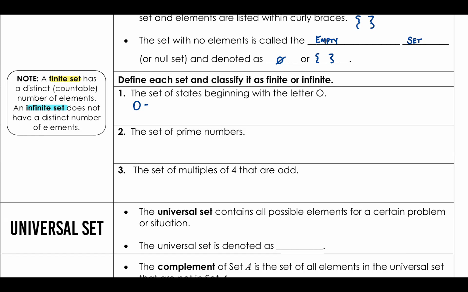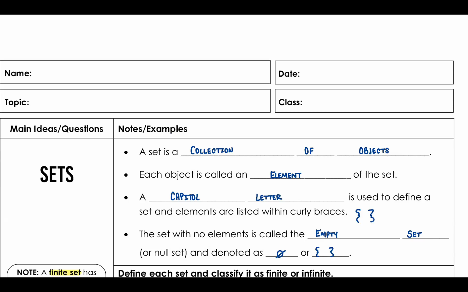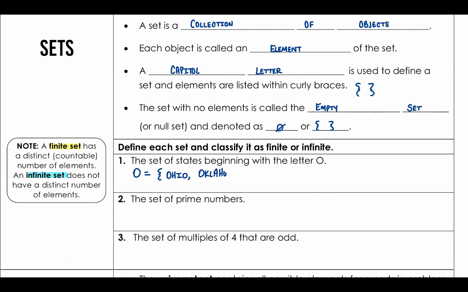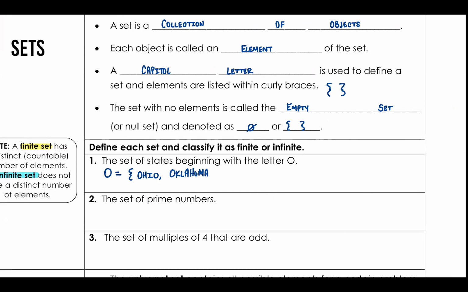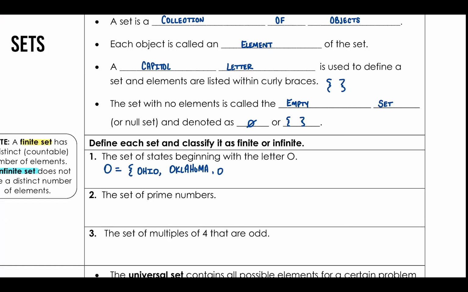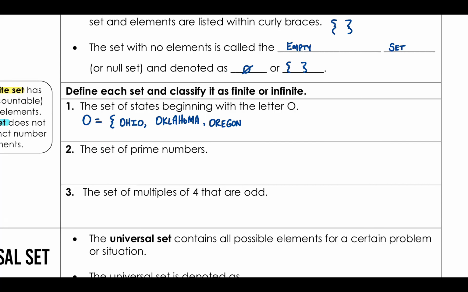So for set O, we're going to pop in our curly braces, and then we have 3 states that start with the letter O. We have OH, IO, and then way over there in Oklahoma, if I can spell Oklahoma correctly. Remember, we are a math teacher and not an English or history teacher. And then our final state with O is the Nike capital, Oregon. There are no more states that start with the letter O, so we're just going to stop right there. We're going to close our set with a curly brace.